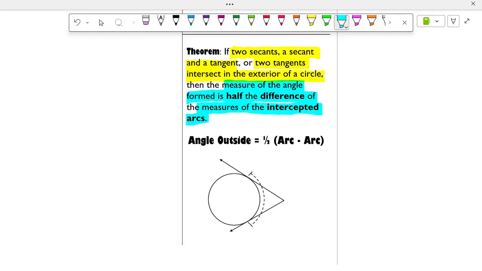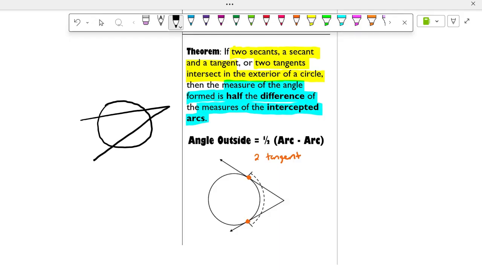So, this picture right here is formed by what type of lines? Is it tangent or secant? These are both tangents, so this is a 2 tangent one. Now, just so you know, the other way you could see this picture is as 2 secants. So it looks like that.